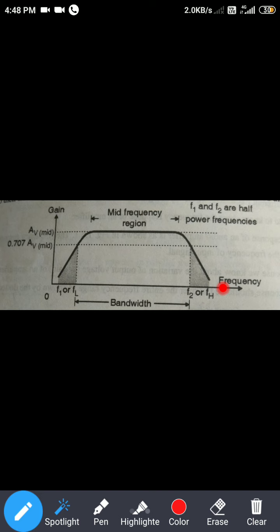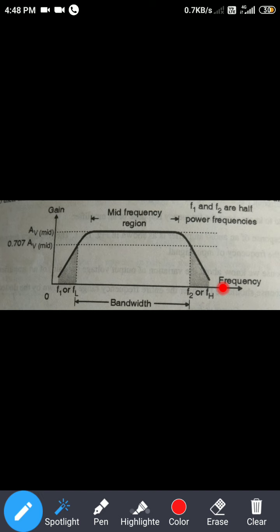Now the main part is the mid frequency region. To calculate the bandwidth of an amplifier, we have to consider specific frequency values, that is, the half power frequencies.